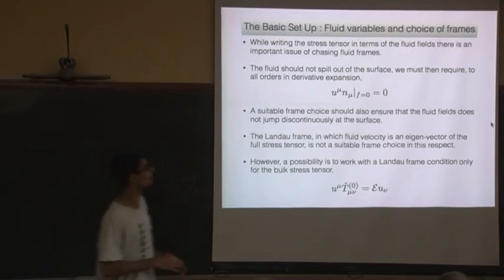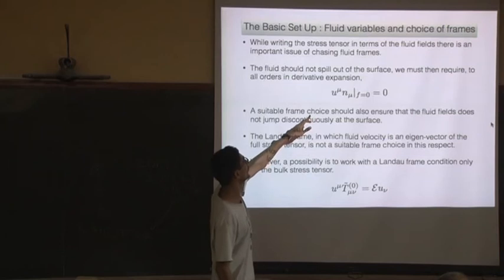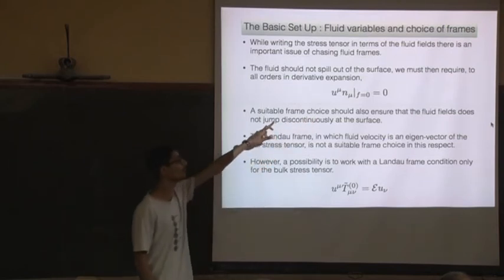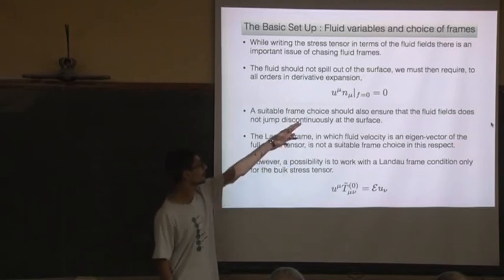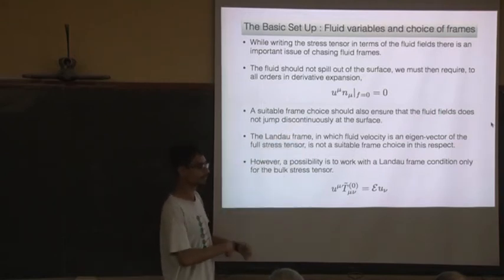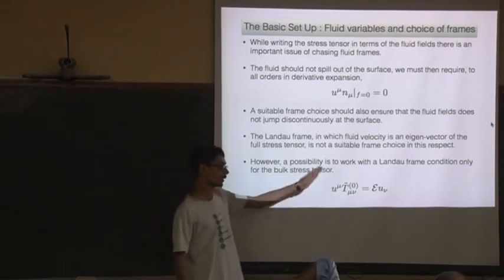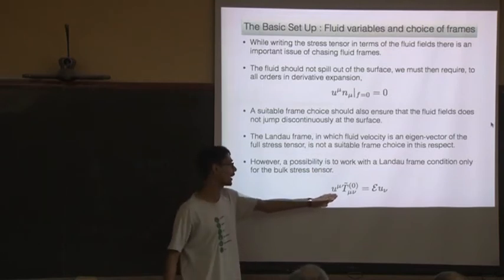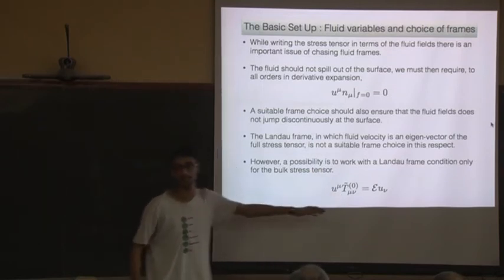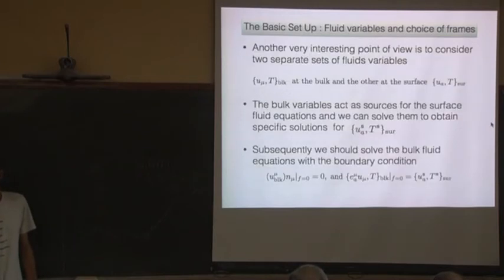So we fix the frame and make sure to all orders that this is true, even at the leading order. But when it gets to higher-order corrections, there is a possible way to maintain that. And for the directions orthogonal to n^mu, along the surface, I can put some conditions like this to take care of the whole thing.